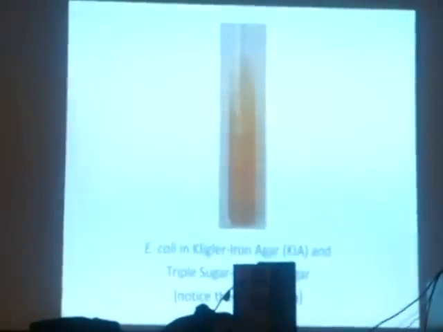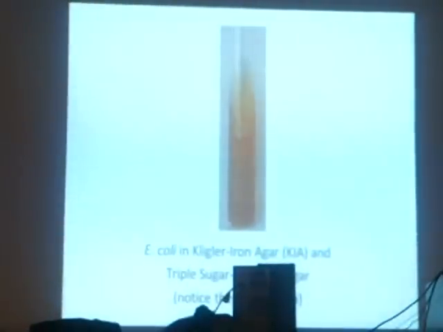Right? Peptone oxidation will try to change the color of the upper part of the tube back to the red direction, but it will not be able to, because lactose fermentation will be very pronounced.